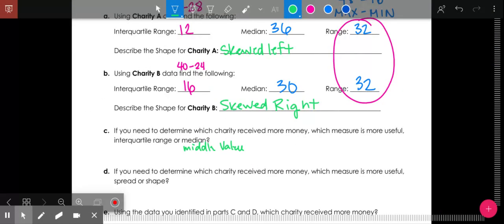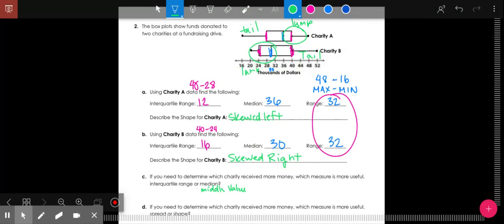The interquartile range doesn't tell us where the center of our data is at all. If I look at the interquartile range, Charity B has a bigger interquartile range. But that's not why they're getting more money. Charity A actually has a higher median than Charity B.